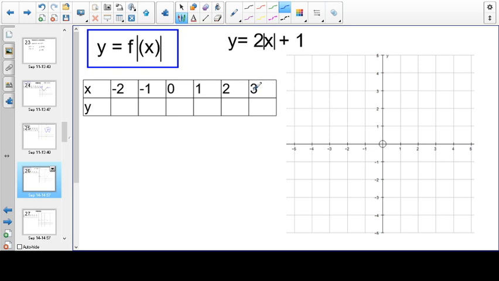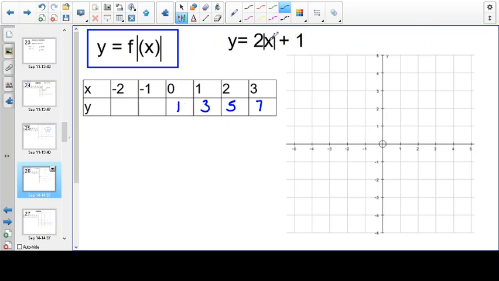So when x equals 3, modulus of 3 is 3, 2 times 3 plus 1 is 7. When x is 2, the modulus of 2 is 2, 2 times 2 plus 1 is 5, 2 times the modulus of 1 plus 1, 2 times the modulus of 0 plus 1.